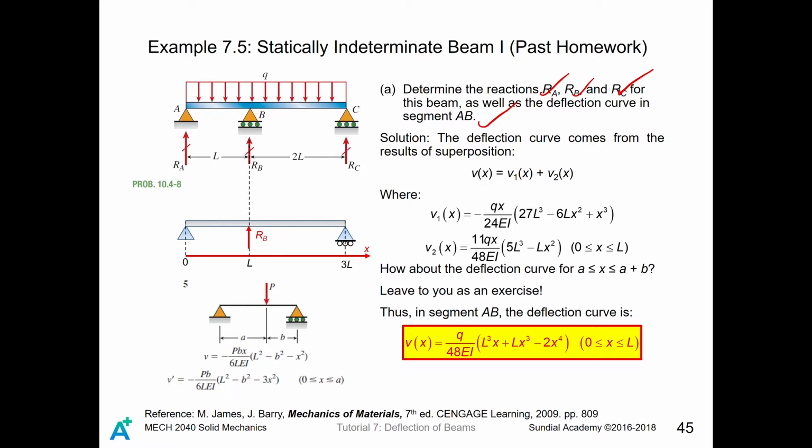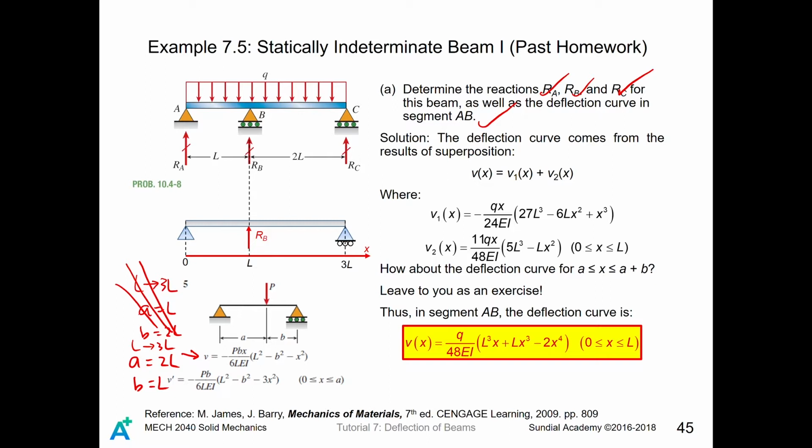One more thing I would like to say is how we can get the deflection curve in segment BC. Just now we had A equals L, B equals 2L, and L becomes 3L. To obtain the deflection curve of the other side, you will do some substitution. Forget about all this, and find when A equals 2L, B equals L, and L is still 3L, and put that into this superposition entry.